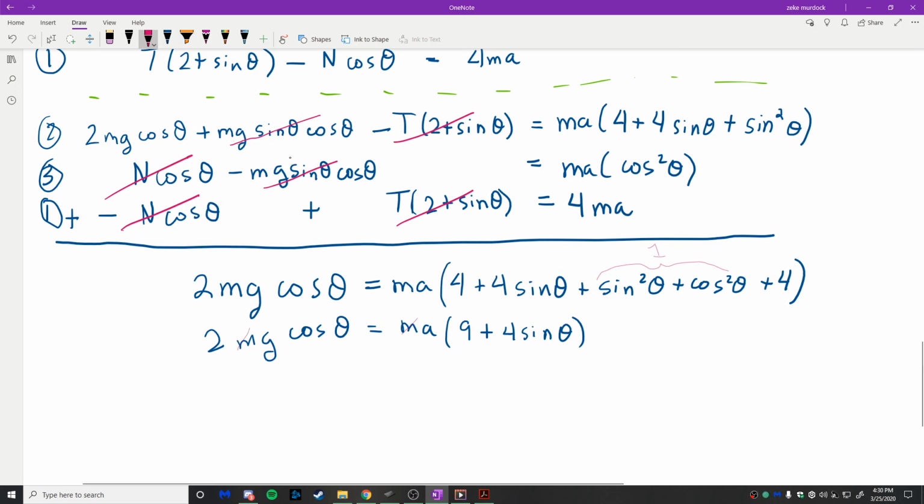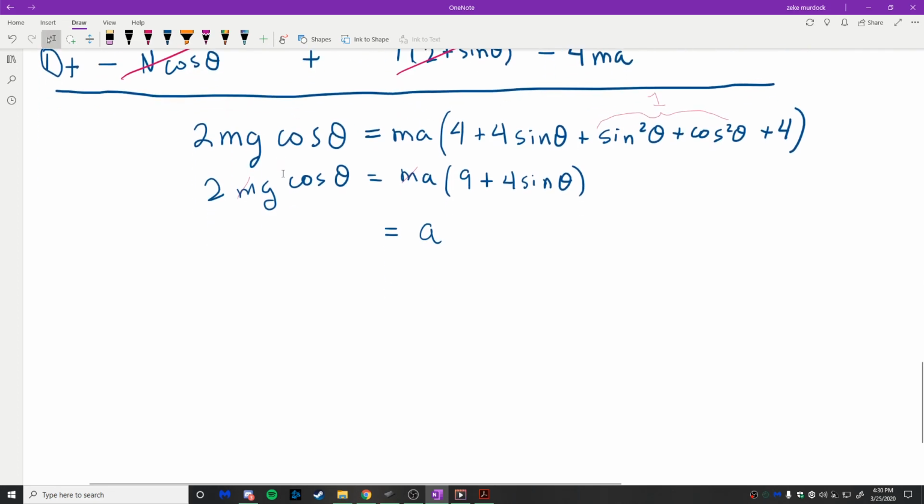Yep. And so we get a final answer for the acceleration. That is A equals divided by this. And that is our final answer.